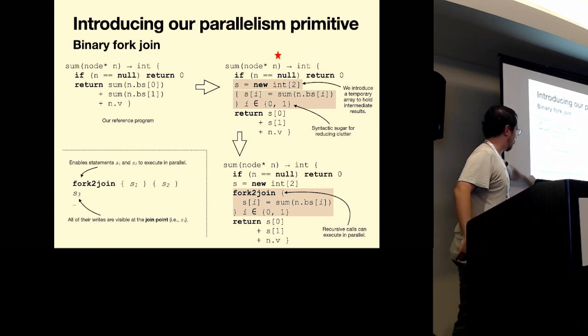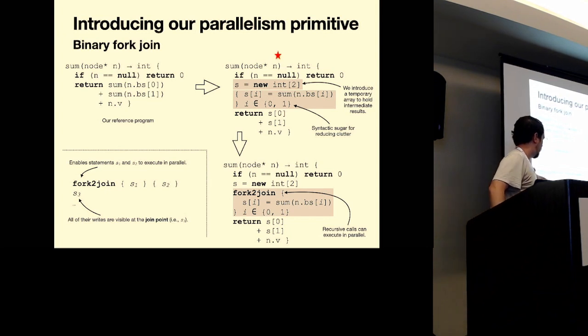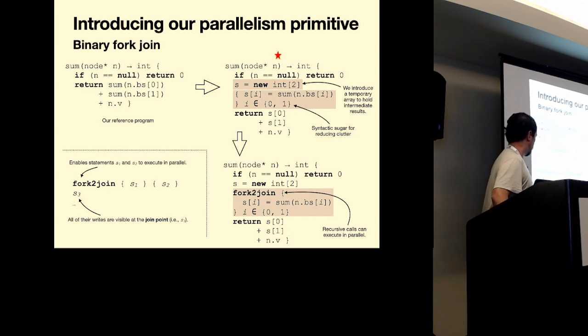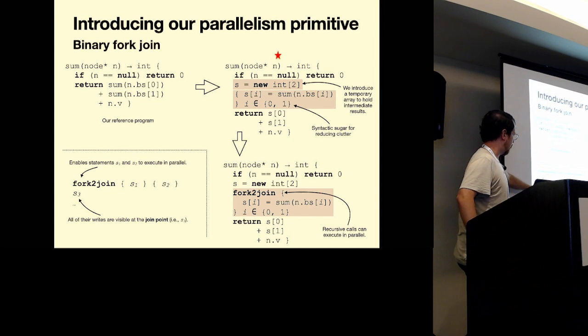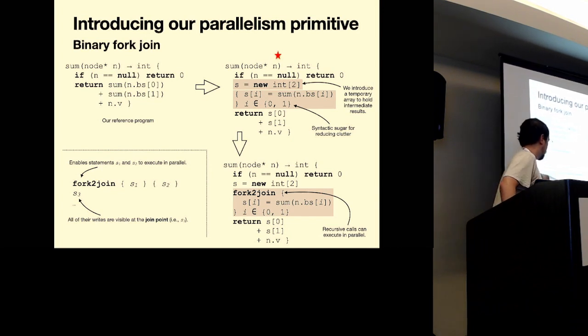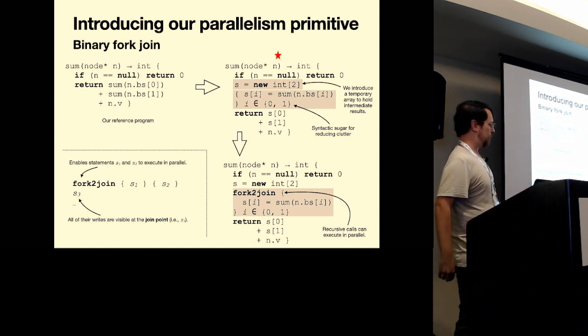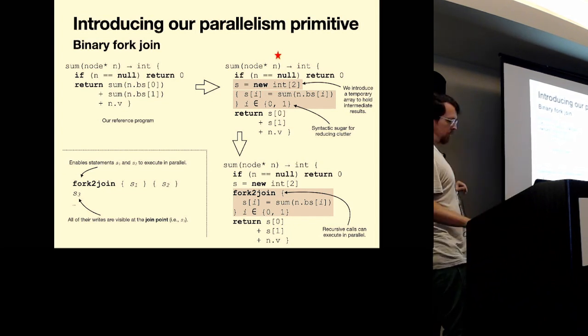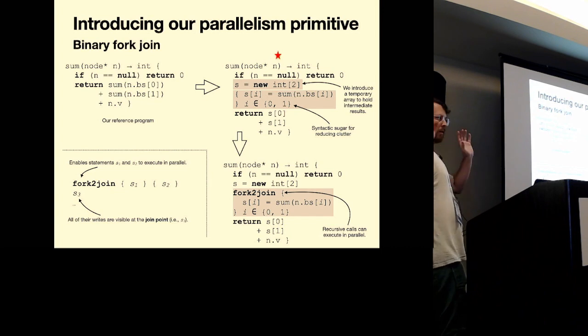It's a binary fork point, which takes two statements, says that these two can run in parallel, and starts them running in parallel, and then guarantees that by the time this join point executes, all of the writes performed by these two statements are present in memory for this join point to see. There's a number of implementations, Cilk and TBB and so on. We can pick from those. They're pretty good implementations.